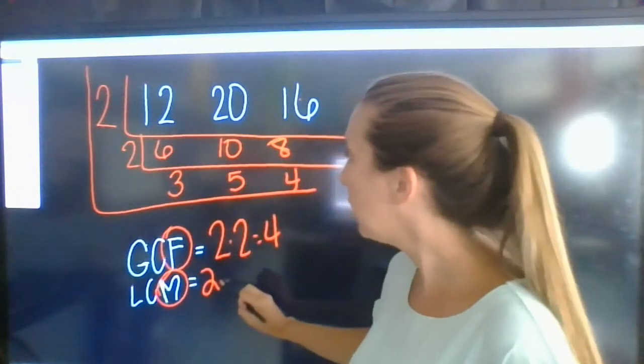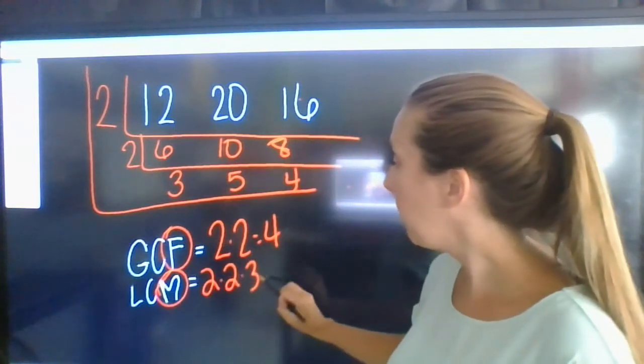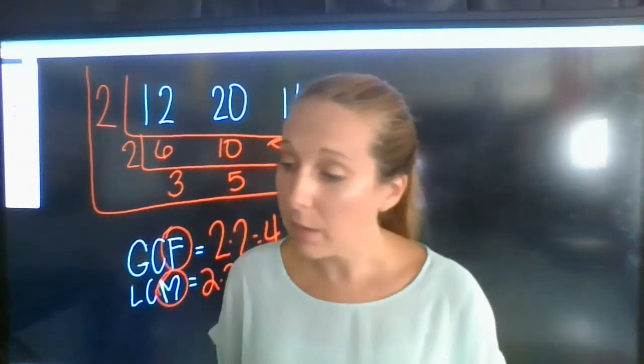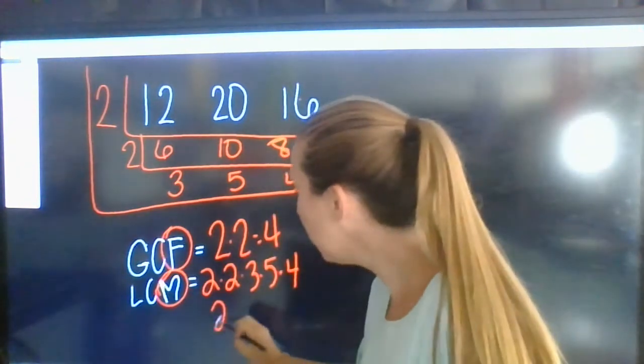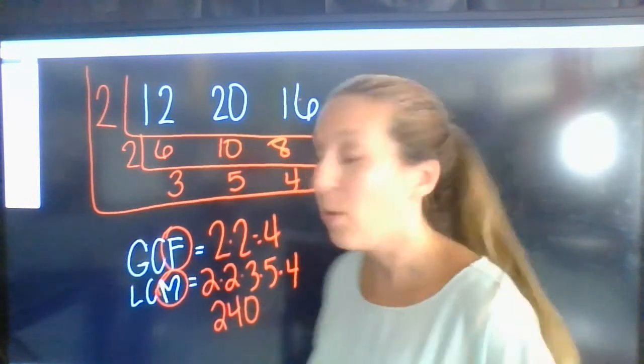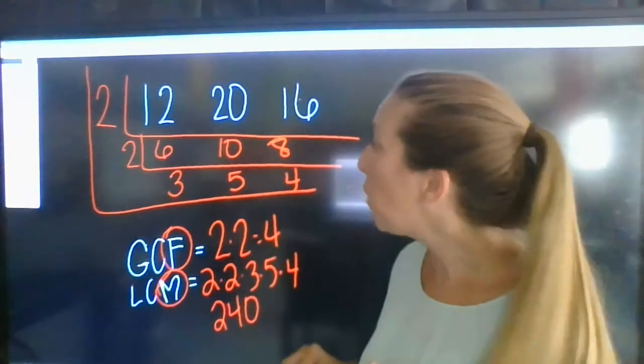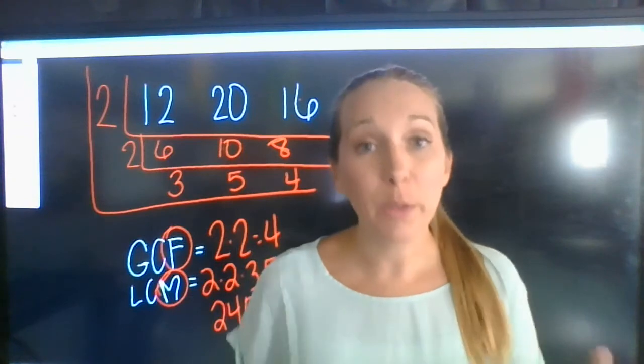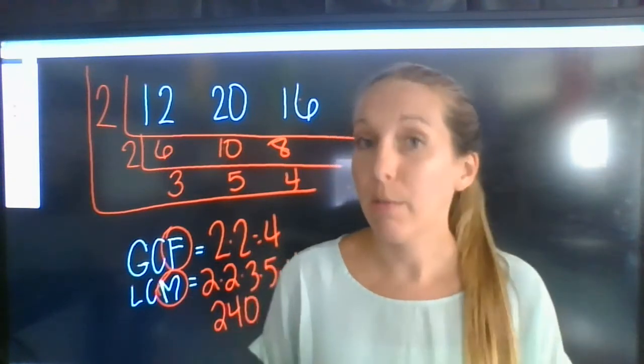Let me write that down. The 2, 3, 5, and 4. Now, when you multiply all of this out, you're going to get 240. So the first time that 12, 20, and 16 meet in a set of multiples is 240.